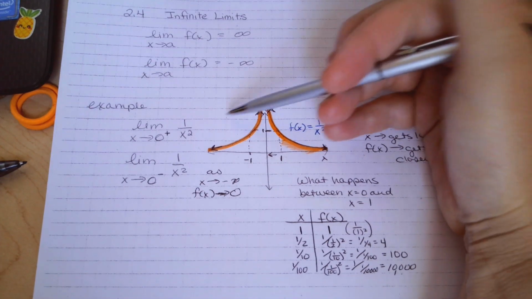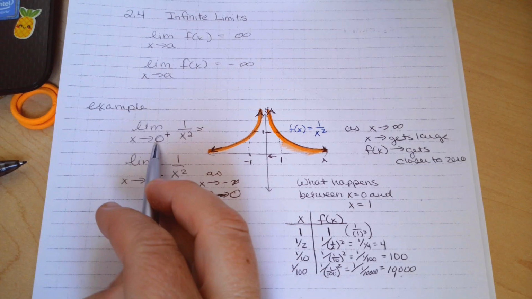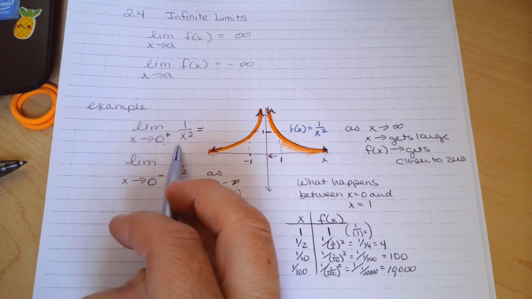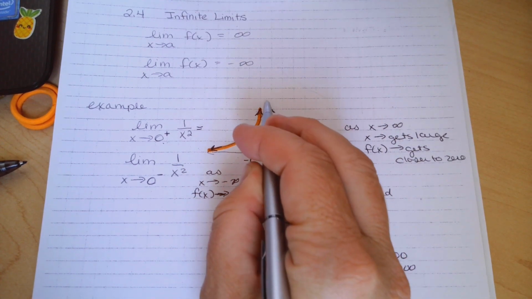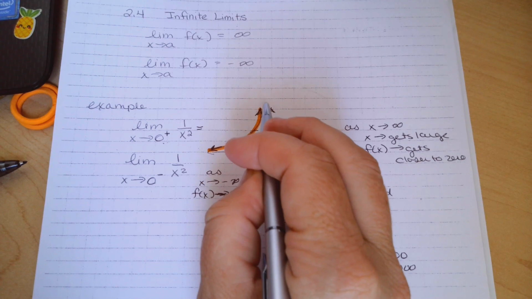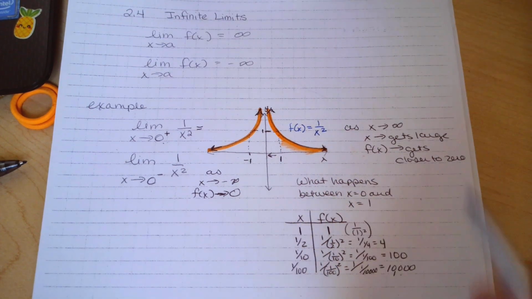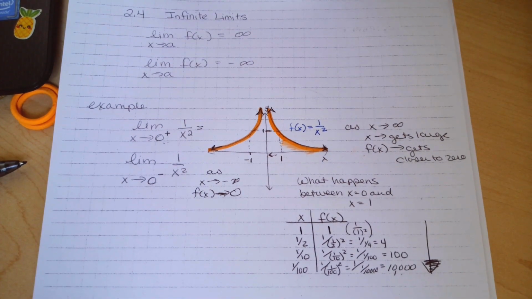So graphically, we can see that the limit as we approach 0 from the right-hand side of 1 over x squared, as we travel this way on the x-axis, we see the output here is going to keep going up, up, up. As we keep getting closer and closer, we can look at this trend and see where we're going.